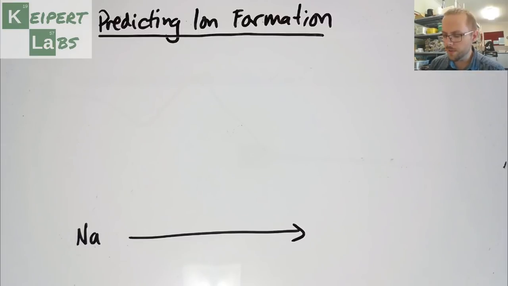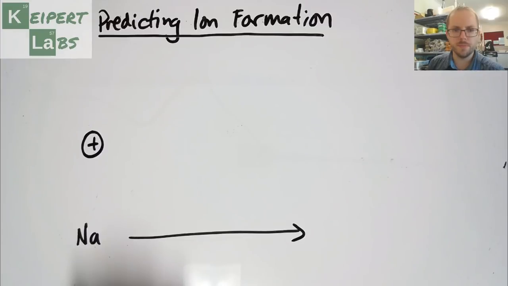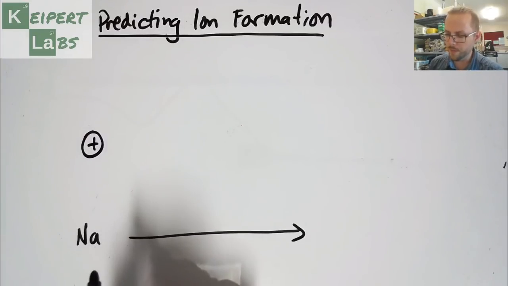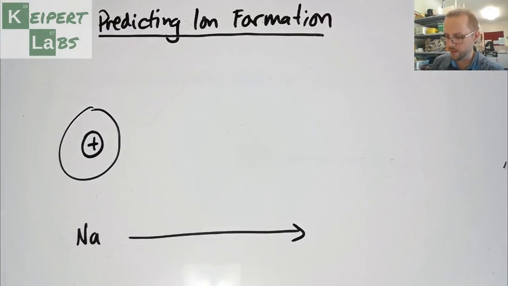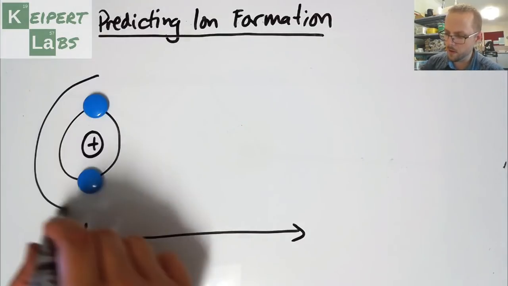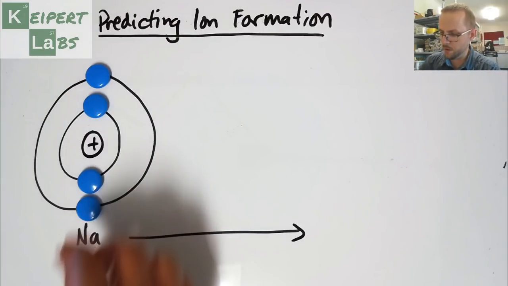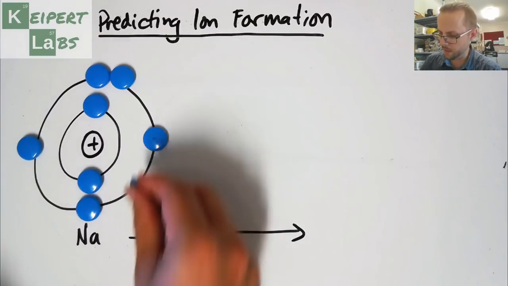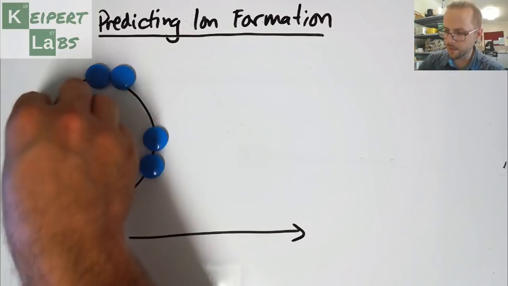Okay, so the first thing that we're going to do is I'm going to draw a simple atom of sodium. We know that sodium is in group 1 and it has 11 electrons to find room for. We can fit 2 in our first shell. We need to fit then 8 in our next shell. 1, 2, 3, 4, 5, 6, 7, 8.